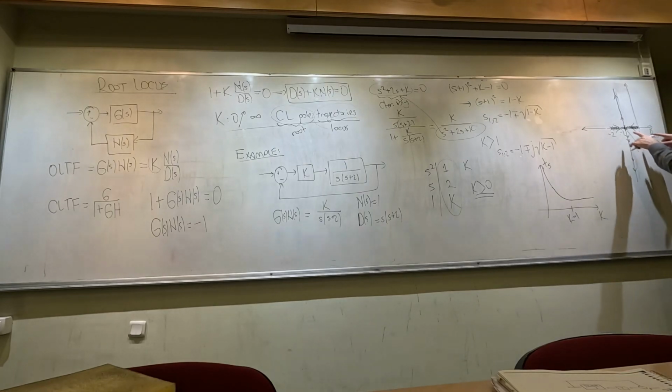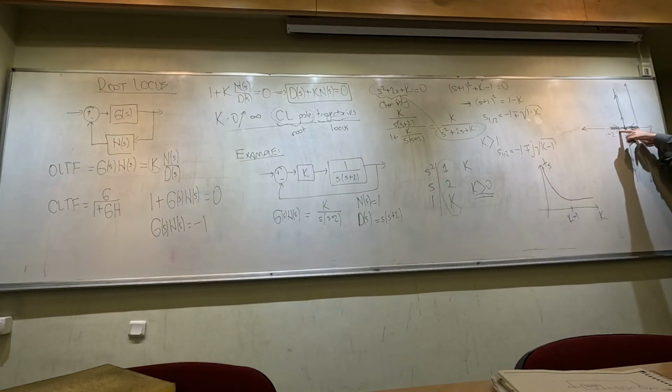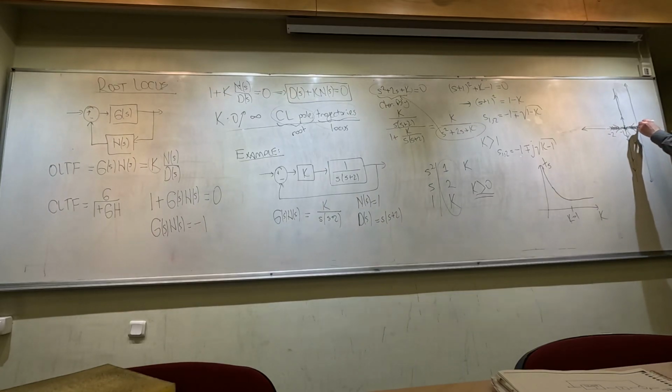The system is overdamped until the value k is equal to 1. And at k equal to 1, the closed loop system is going to be critically damped. And as I increase k above the value 1, the system now is going to become underdamped. And what is going to happen to the damping ratio of the system as I increase k? It is going to decrease all the time.